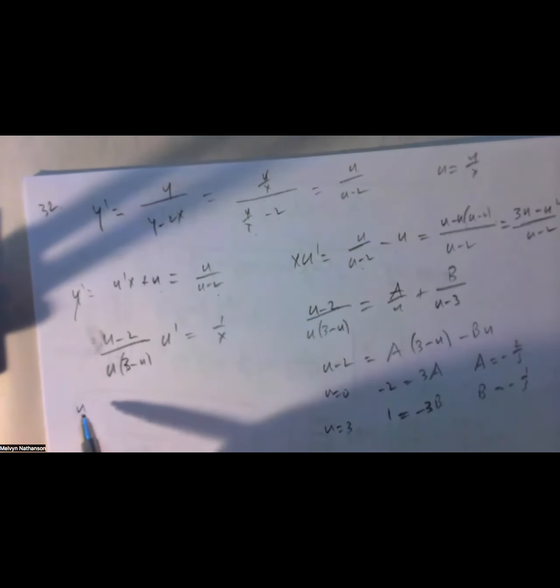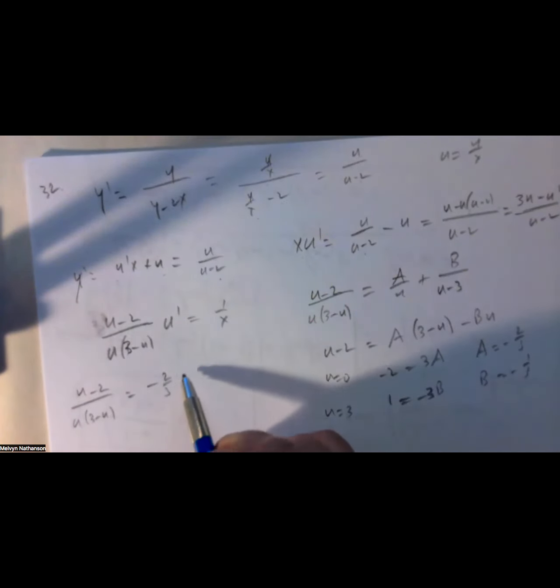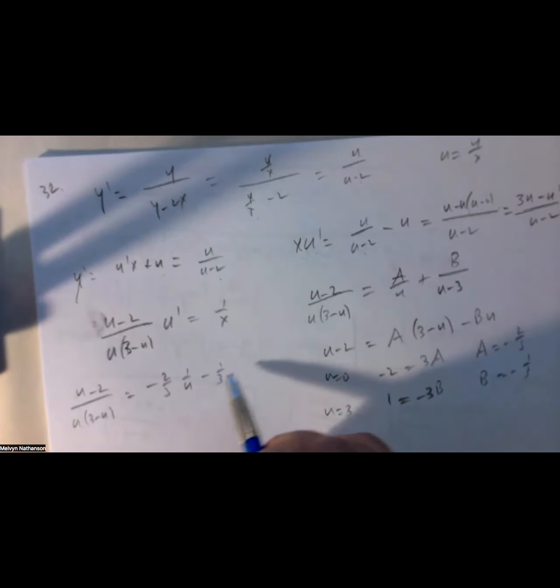So if this is correct, u minus 2 over u times 3 minus u is equal to minus 2/3, 1 over u, minus 1/3, 1 over u minus 3.